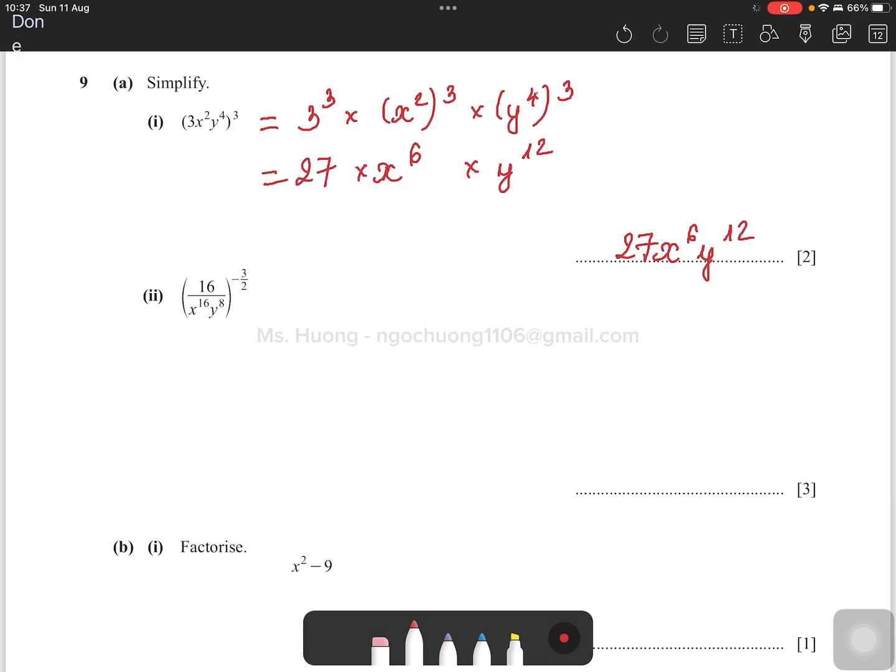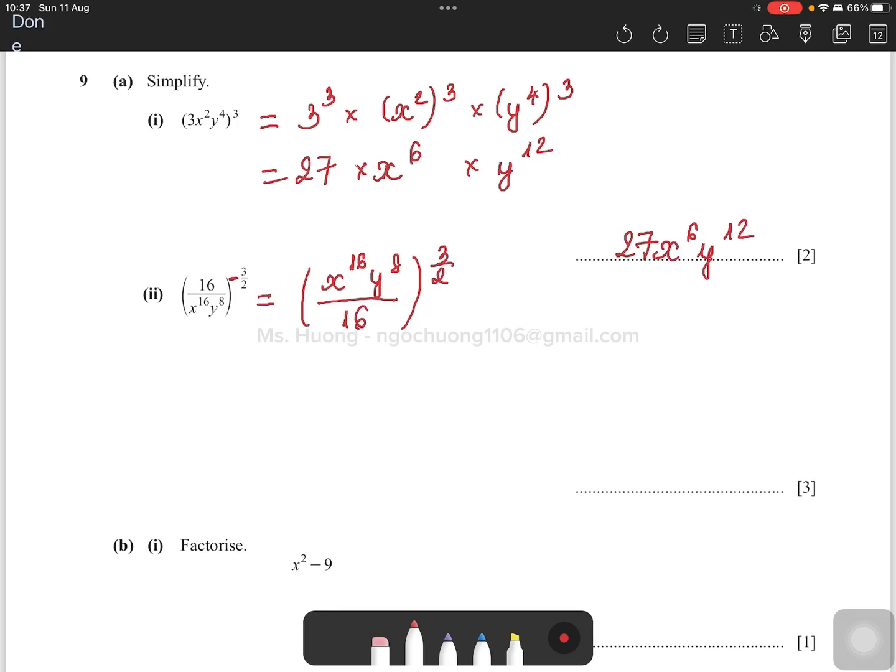Second question. We will need to remove the negative sign by using the reciprocal of this, x to the power of 16, y to the power of 8 over 16 to the power of 3 over 2. Now we remove the negative sign. So now I will split this expression into x to the power of 16 to the power of 3 over 2 times y to the power of 8 to the power of 3 over 2, and 16 to the power of 3 over 2.